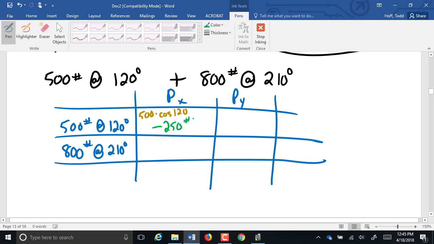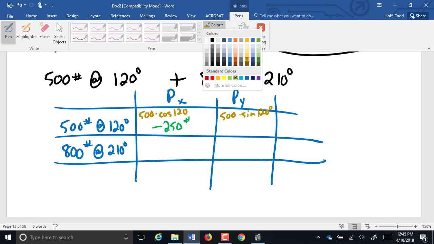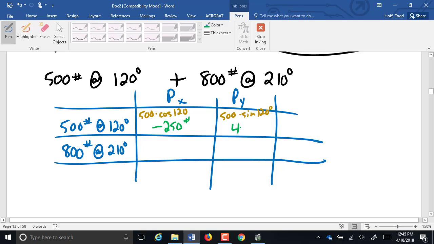Correct? For the vertical components, 500 pounds times the sine of 120 degrees, which is going to give us a positive 433 pounds. Correct? Any questions so far?